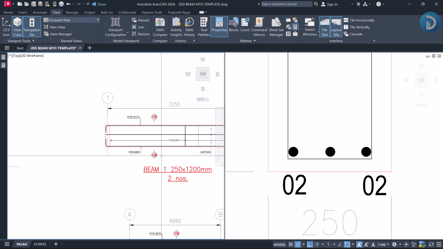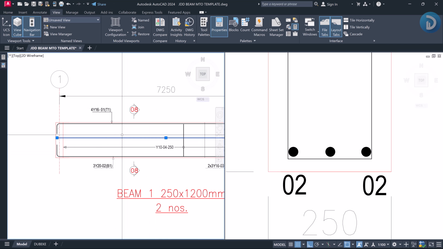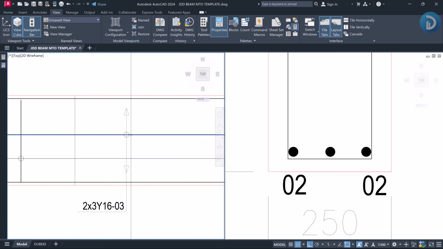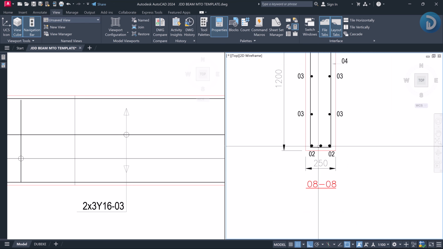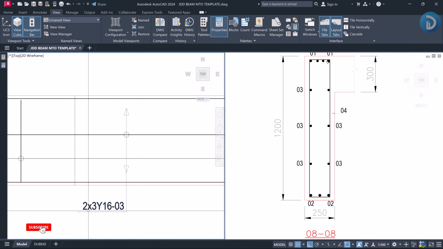Now the third reinforcement we have in this beam is our side bars, and as you can see over here, this is our side bars, which runs from this point down to this point. Most times it is known as your web reinforcement. Either you call it your side bars or you call it your web reinforcement. So we have it to be two times three numbers of y16 with a bar mark 03.